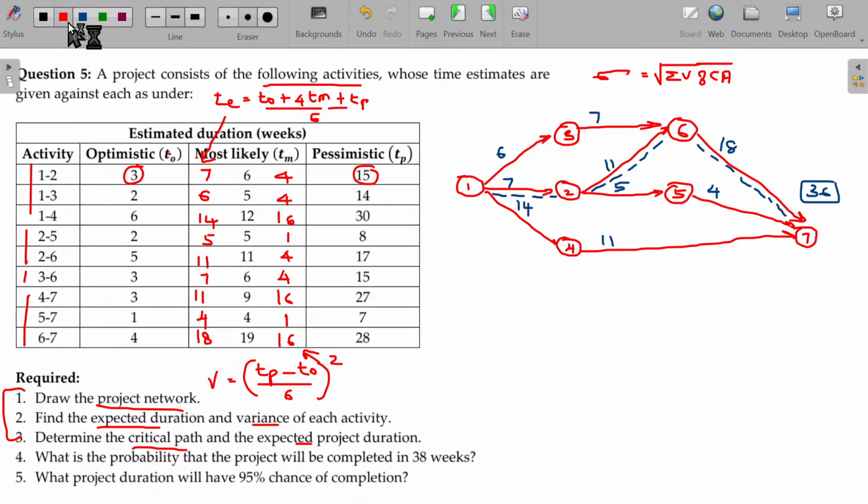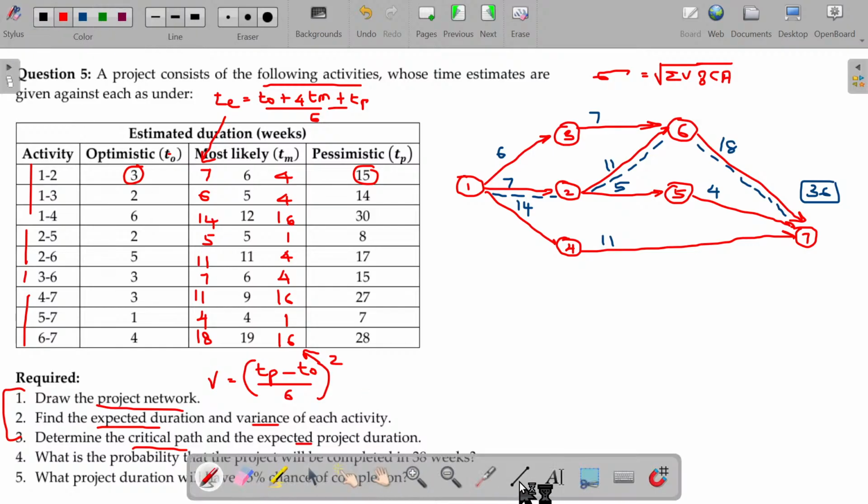What are the critical activities we have? I am going to mark those activities here. So 1 to 2 and 2 to 6 and 6 to 7. These are the critical activities.